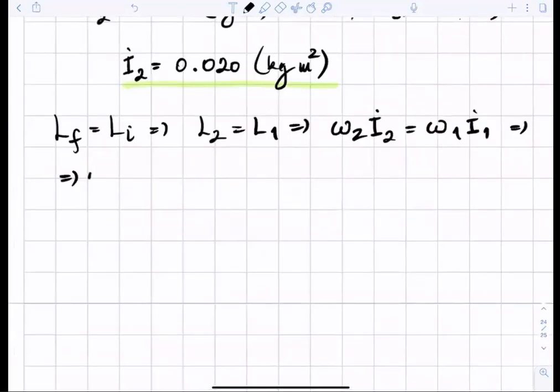From here you get omega 2 equals omega 1 times I1 over I2. Now, how much is our omega?